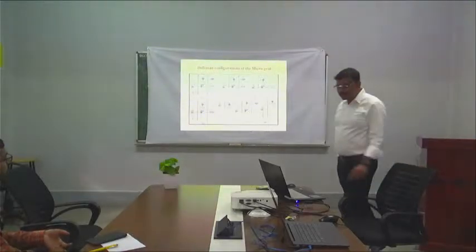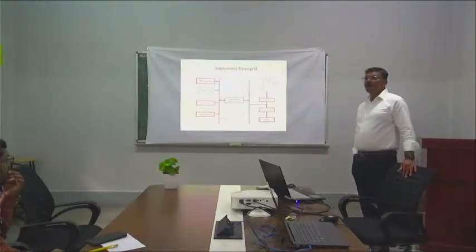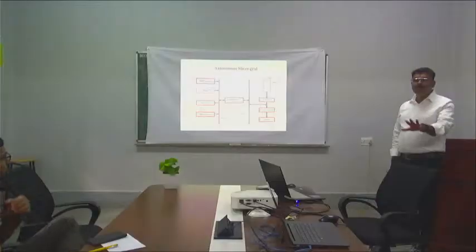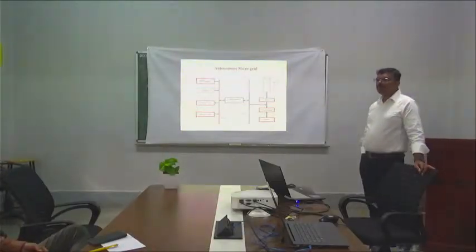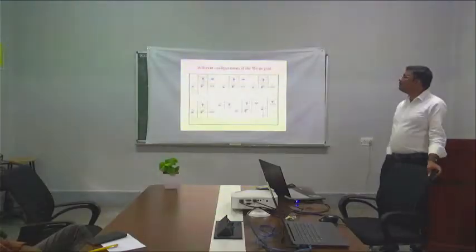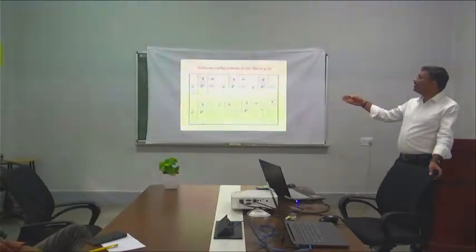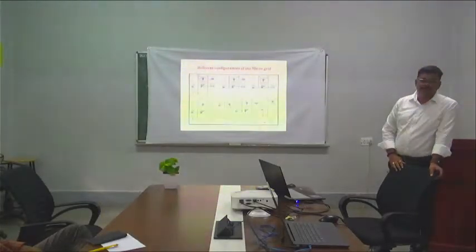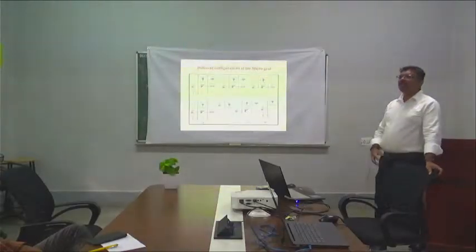As we discussed in the previous block diagram, the same thing is simulated in Homer. When we simulate in Homer, here when we look at this, you have A, B, C, D, E, F. There are many options. These options are called configurations.